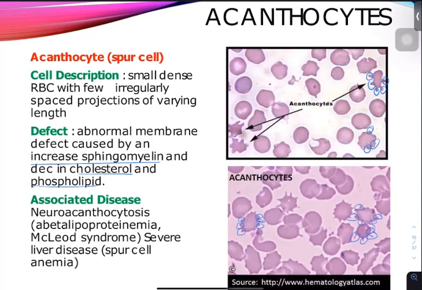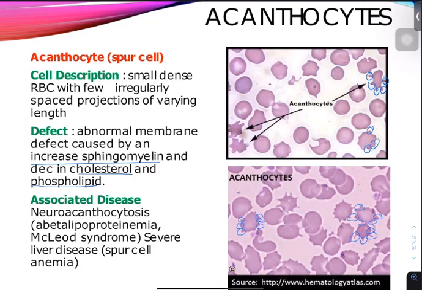So, diniscuss ko yan sa inyo, ang content ng RBC natin. Meron tayong sphingomyelin, meron tayong cholesterol and phospholipid. So, the RBC membrane, ito ang defect ni acanthocyte, itong tatlo na to. Increase kay sphingo, decrease kay cholesterol and phospholipid.